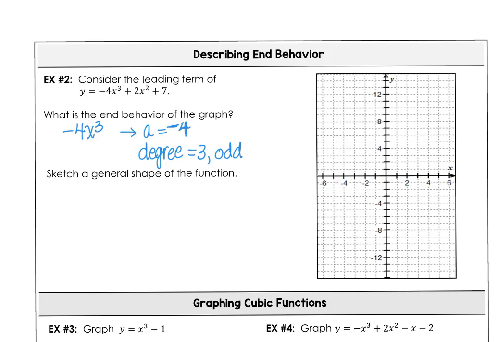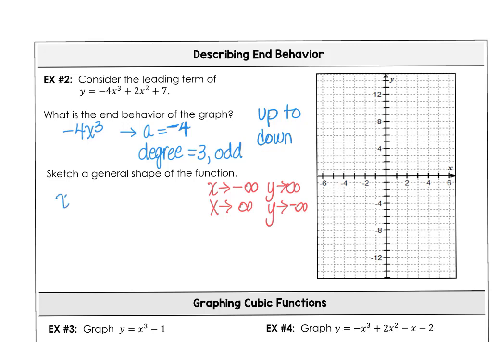So our graph is going to go up on the left, and then it's going to end down on the right. You can think of that as x goes to the extreme left. As x goes left, y is getting very large. And as x goes to the right, y is going to go down to negative infinity.